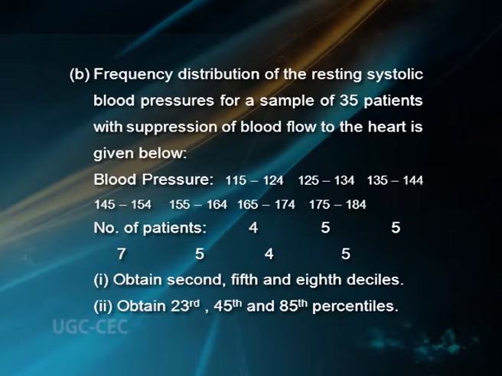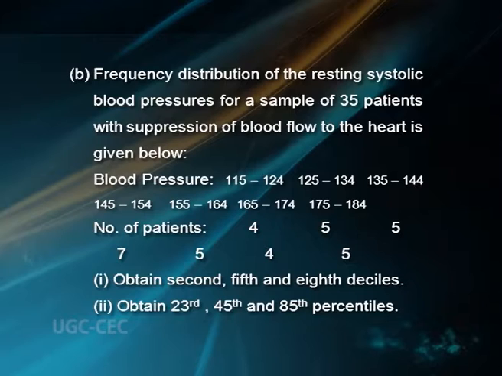Next question: the frequency distribution of the resting systolic blood pressure for a sample of 35 patients with suppression of blood flow to the heart is given below. Blood pressure: 115 to 124, 125 to 134, 135 to 144, 145 to 154, 155 to 164, 165 to 174 and finally 175 to 184.